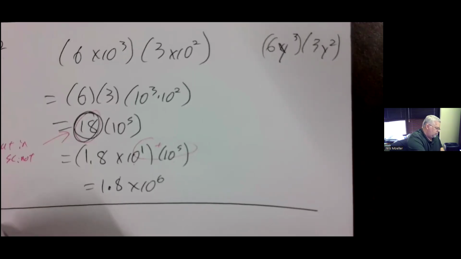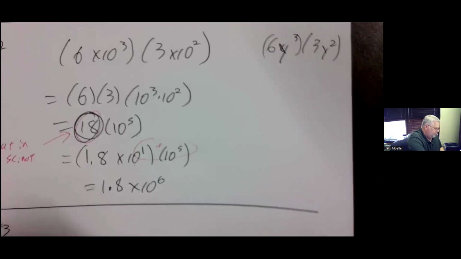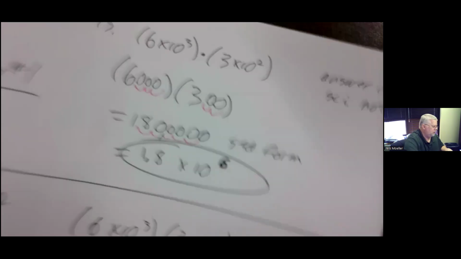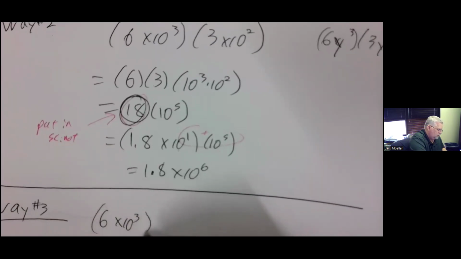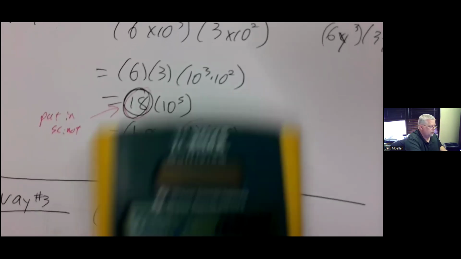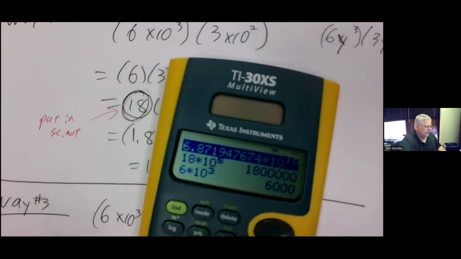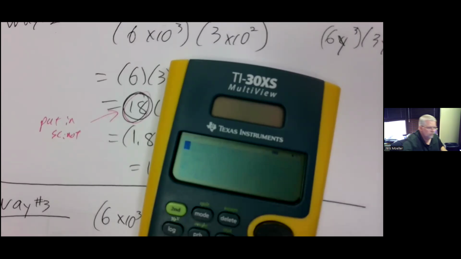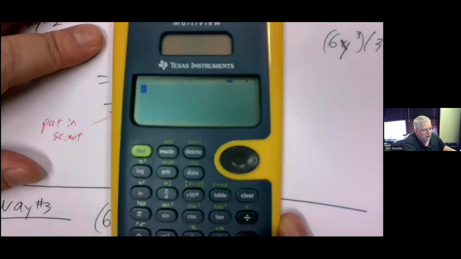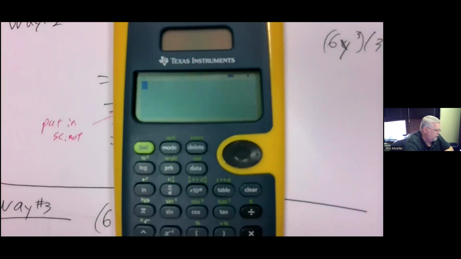How about doing this pure calculating? Again, this is not my preferred method, but it's an option. I know it's going to get used, so let's make sure you can do it correctly. So how are you going to put this in the calculator? And again, every calculator is a little bit different.